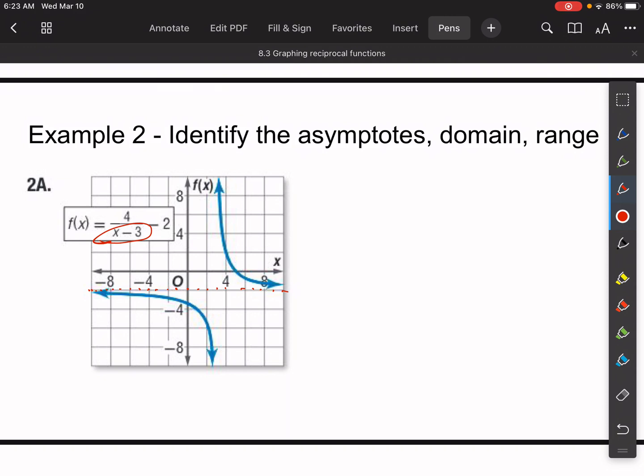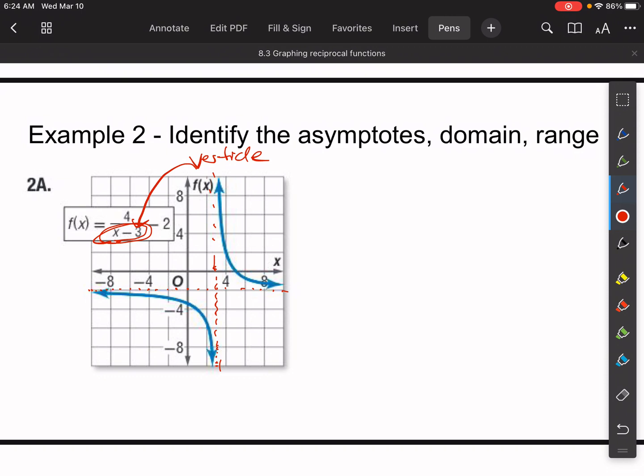So this says that at 3, we have an asymptote, right? Because 3 is what would make this go to 0. That's a vertical asymptote. So whatever makes the denominator go to 0, that's vertical. That's a vertical dotted line that this thing will not cross. So it's saying that it's at 3, so let's see if that makes sense. This is 3 right here. All right, so those graphs are approaching that 3, but not crossing the 3.